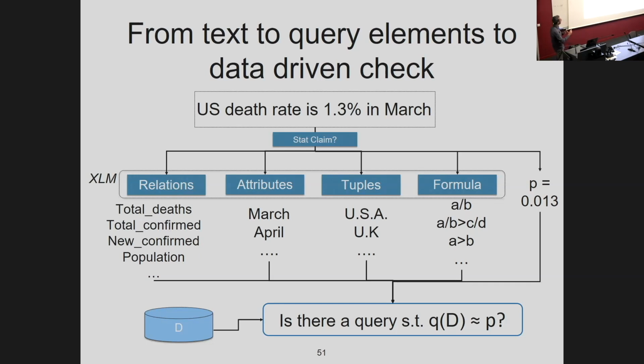We derive 4 different classifiers, one for each component of the query. Then we have query templates, and we try to fill the slots in the query templates with the pieces that are coming from the classifiers. That's a standard way to go from text to queries. There are other approaches. This is a very simple approach that works in our case.